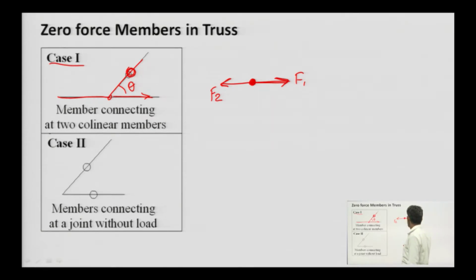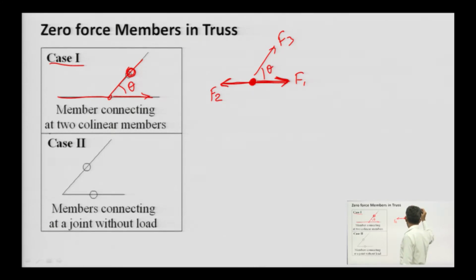Since these two forces are collinear, the value of F1 and F2 both will be the same, okay, no problem. Let us take F3, okay, F3 and this theta.